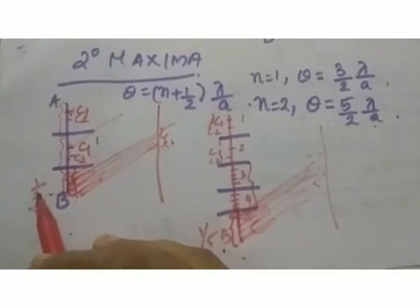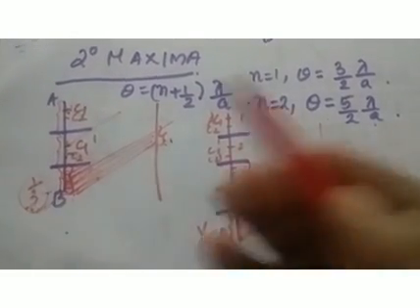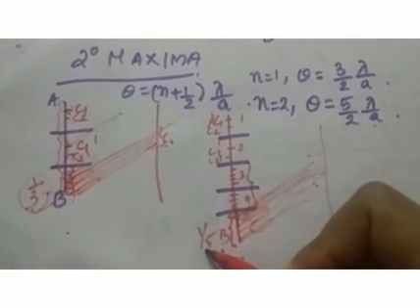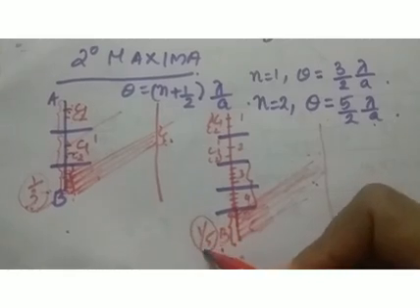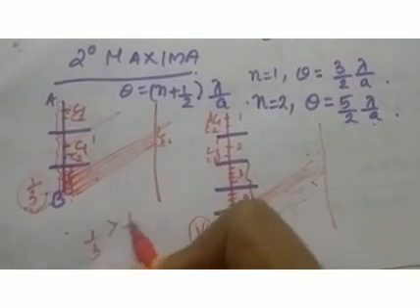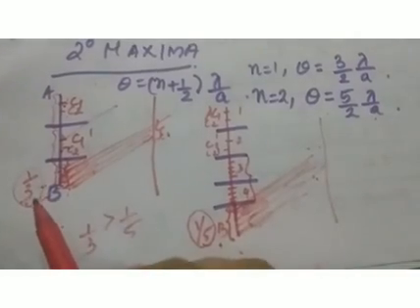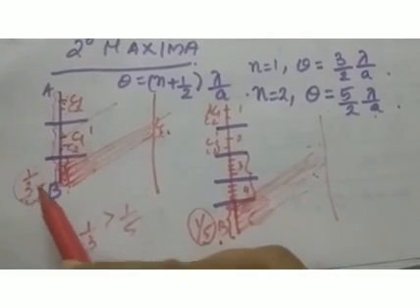So the intensity pattern formed by 1/3 of the slit will be more than the intensity contributed by the 1/5 of the slit, because you know 1/3 is greater than 1/5. So the brightness contributed by this 1/3 of the slit will be more than the brightness contributed by 1/5 of the slit.